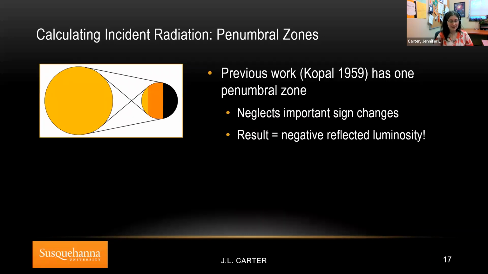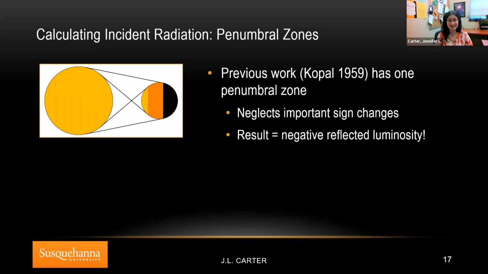Now, previously, these ideas had been applied to eclipsing binary stars to study the reflection effect by Kopal back in the 1950s. In his work, he only considered one penumbral zone. This worked well enough because he was actually looking at the larger of the two stars, not the smaller.